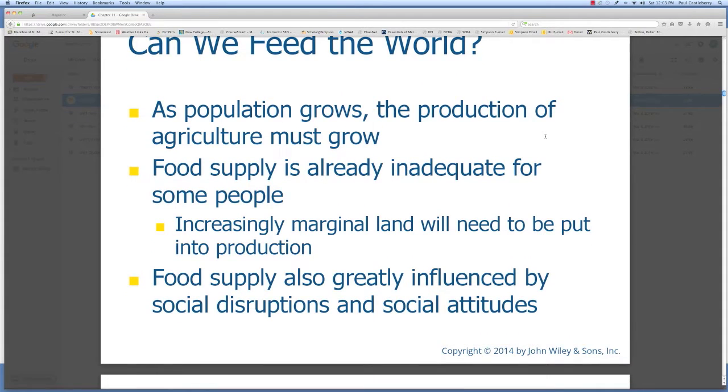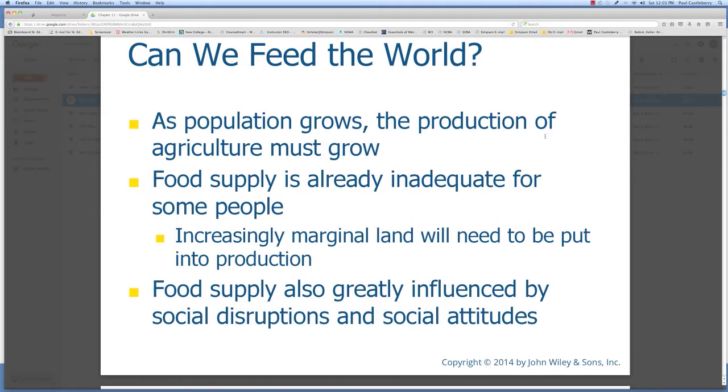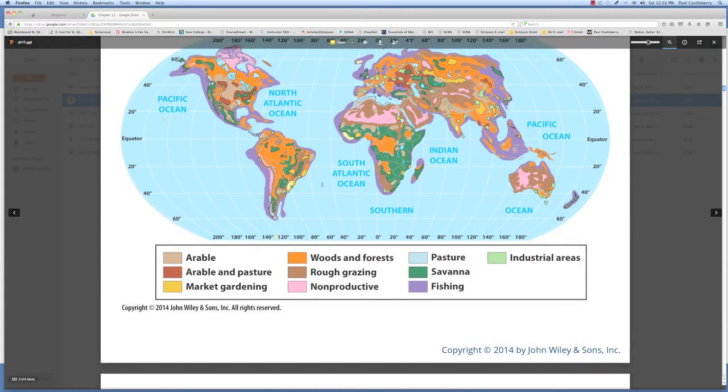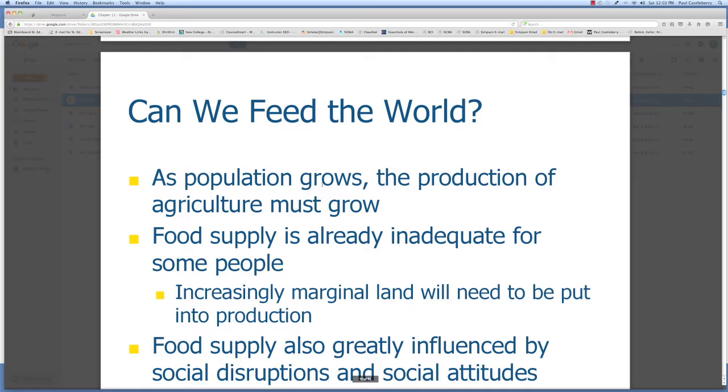We already know, if you've sat down and watched the news at 6 o'clock at night, food supply is already inadequate for some people. We'll talk a little bit about the continent of Africa on the next slide, I think. But what we find is that increasingly marginal land, land that was both arable and used for pasture, such as here in the central U.S., is going to have to be brought into agricultural production.